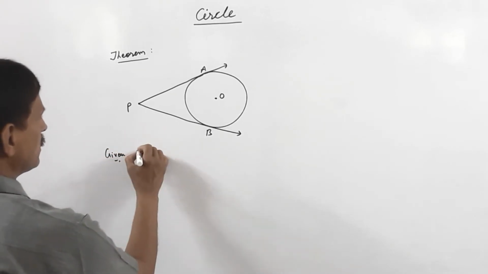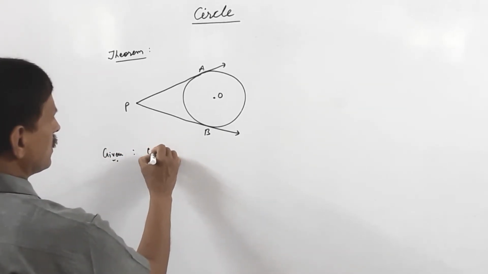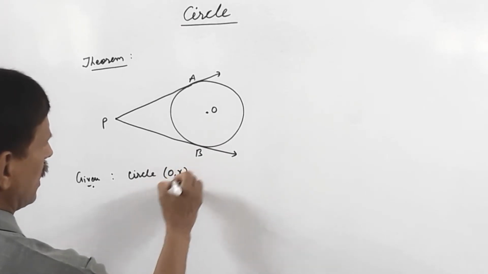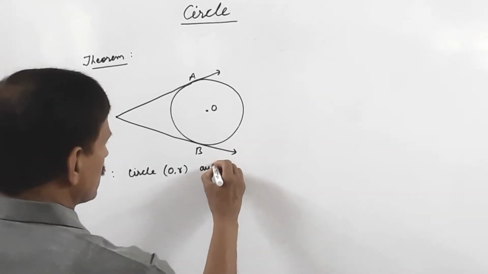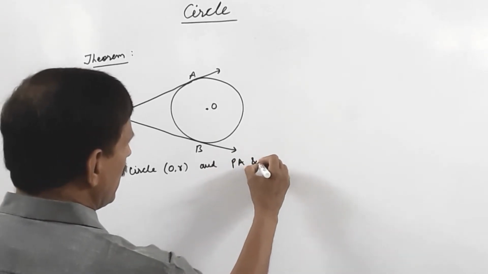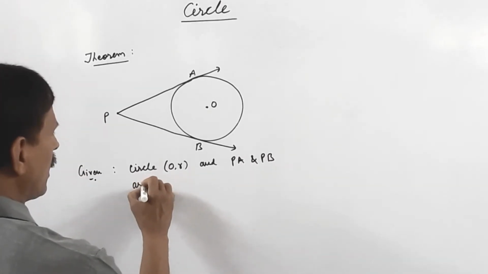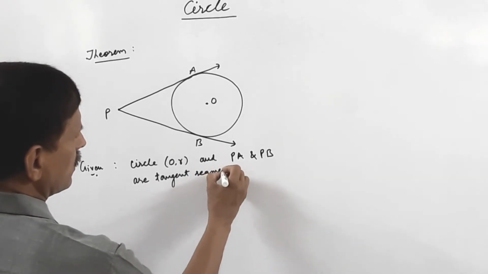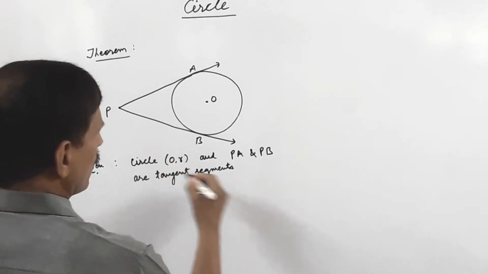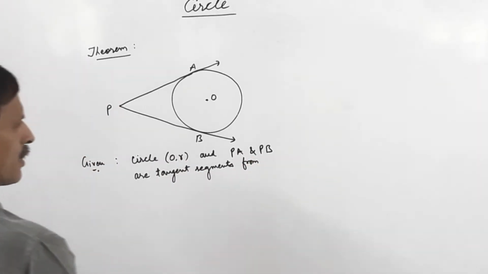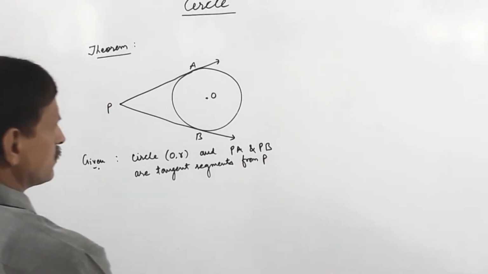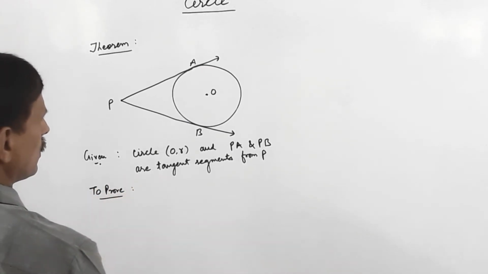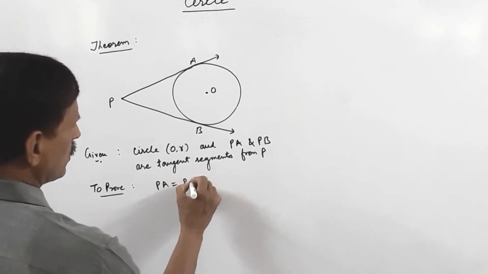It is given a circle with center O and radius R, and PA and PB are tangent segments from the exterior point P. We have to prove PA is equal to PB.